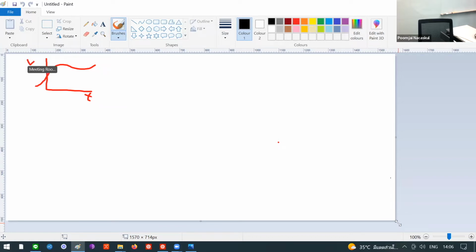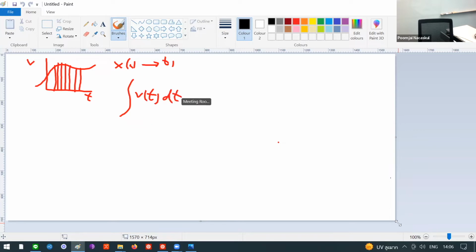If you want to multiply speed times time, not as a rectangle but a tiny bit at a time, so you get precise accumulation of distance, that becomes integration. So the distance traveled, x, from A to B is the integral of this function v(t) dt from A to B. That accumulates the distance.